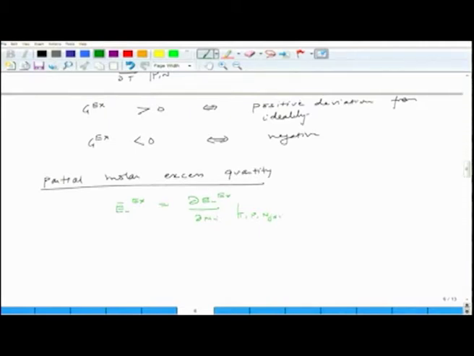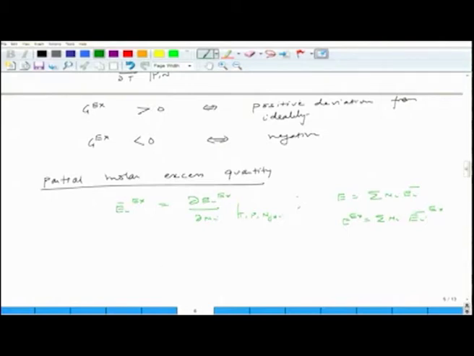We know from earlier lectures that E is nothing but the summation of N_i E_i bar. Similarly, E^x would be the summation of N_i E_i^x bar. So, this is something which we have done as an exercise.